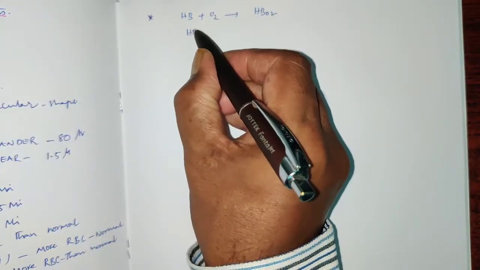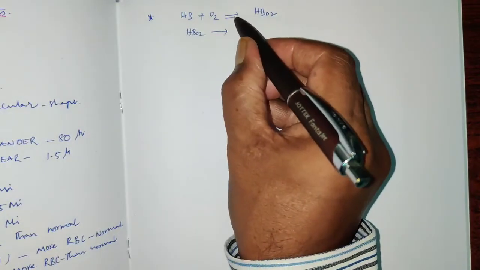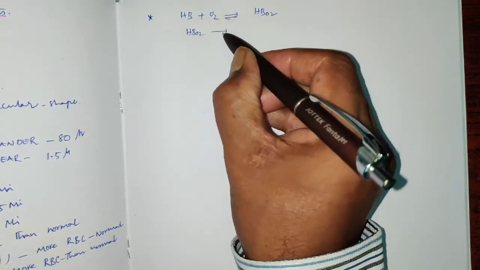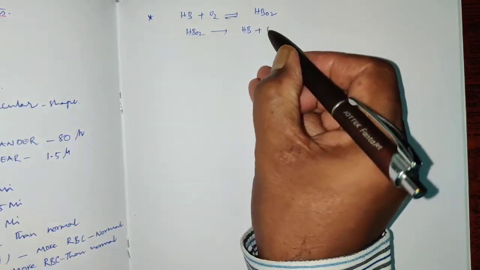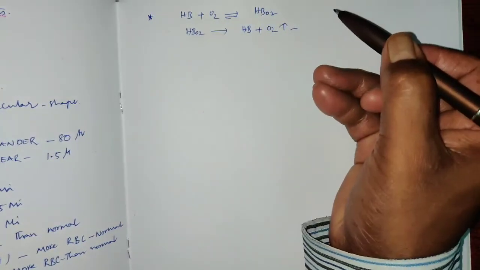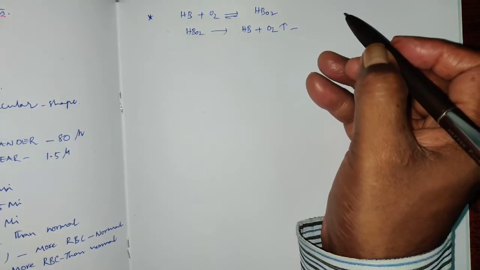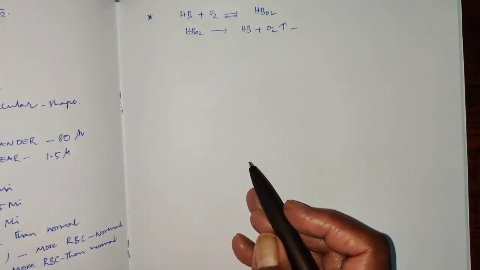Later on, this oxyhemoglobin dissociates into hemoglobin and oxygen. This oxygen is released into the tissues and is taken by the cells to perform their functions.